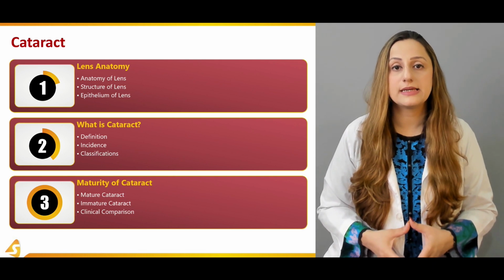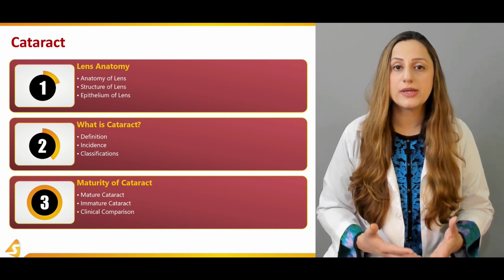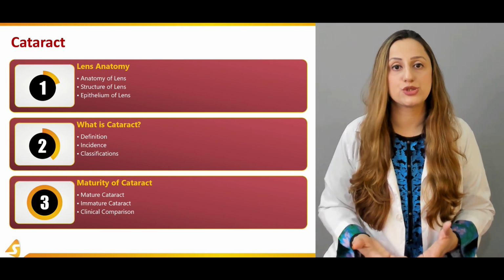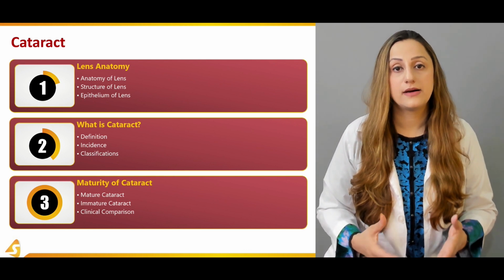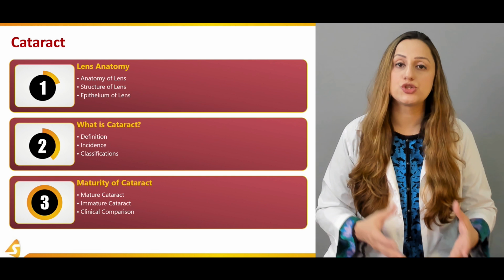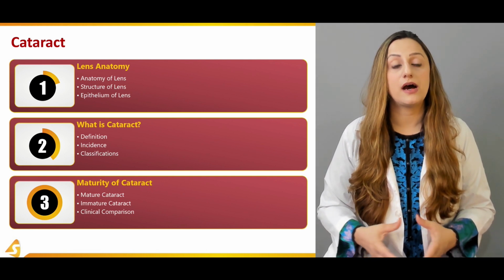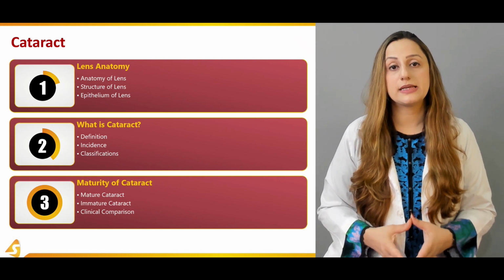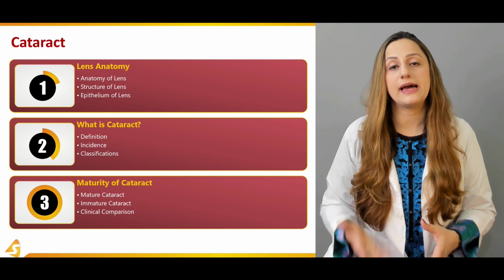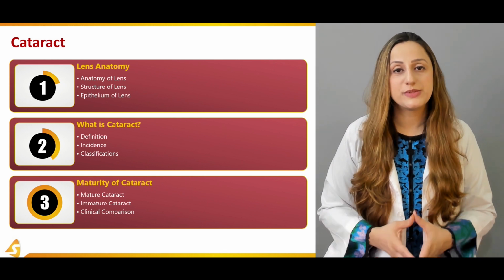Secondly, we'll be discussing the immature cataract, comparing the mature with the immature cataract. What are the clinical findings that differentiate a mature from an immature cataract? On the other hand, we have the other types depending upon the maturity, which are the hypermature cataract and the Morgagnian cataracts. That is what we'll be discussing over here.